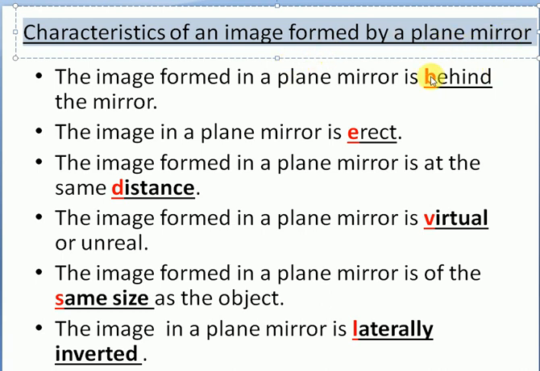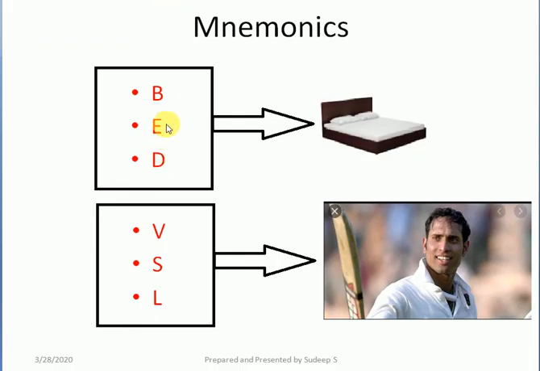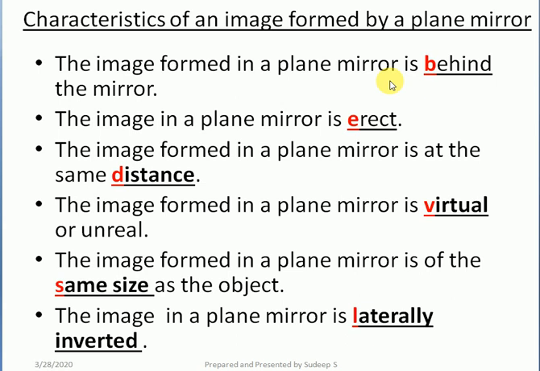Let us see how we learn all these 6 points quickly. We will remember these mnemonics: B, E, D, which represent bed, and from Very Special Lakshman, we will take these 3 letters V, S, L. So we need to remember these 6 letters B, E, D, V, S, L. Now we will see what those 6 letters represent.